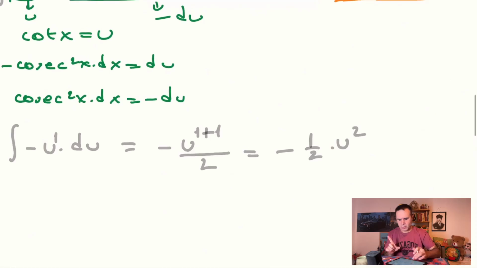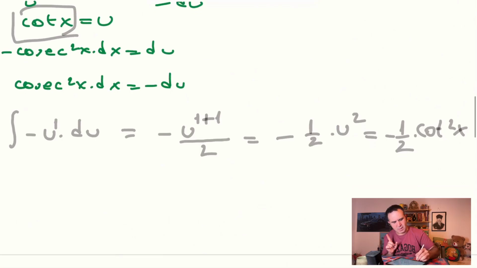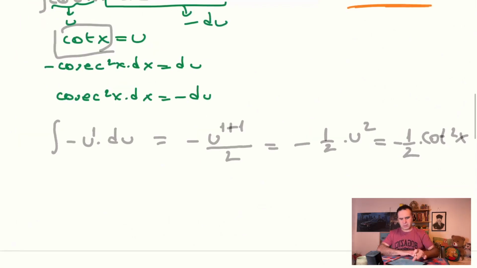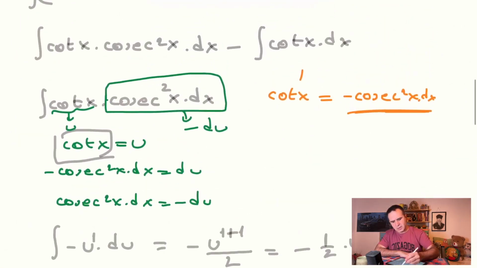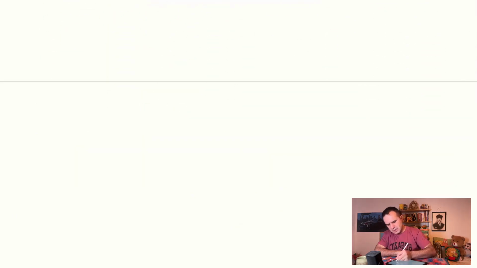And since we have u as cotangent x, the integral becomes minus 1 over 2 times cotangent square of x. And this is the first integral. And the second integral was cotangent x dx. Let's integrate cotangent x dx.